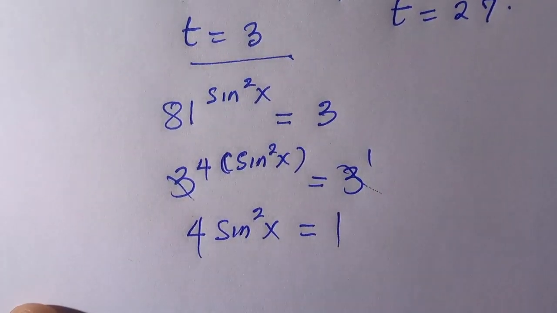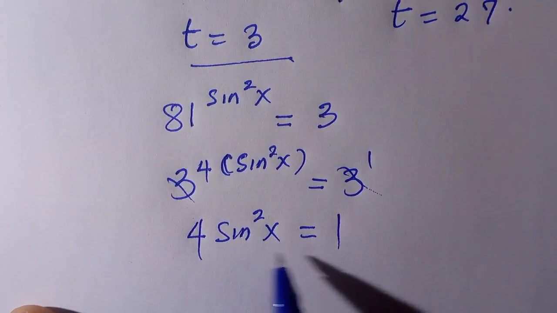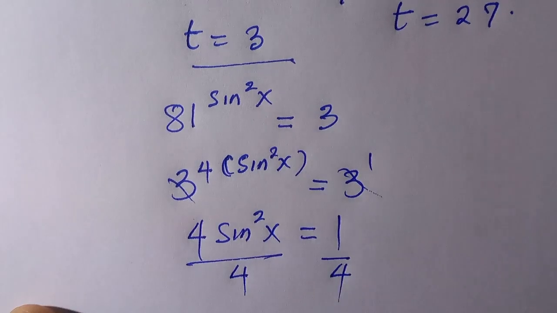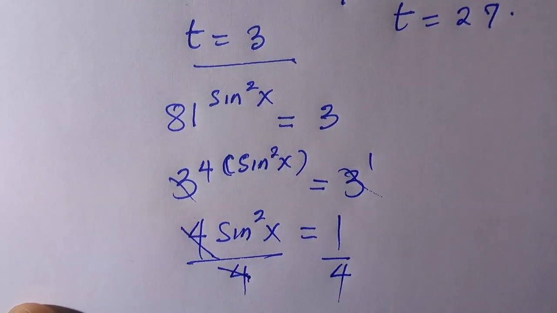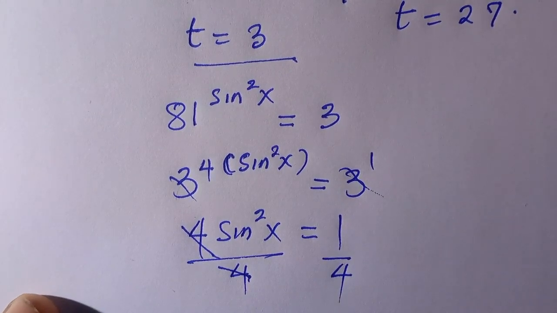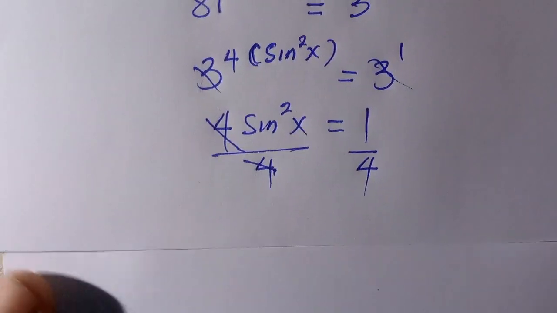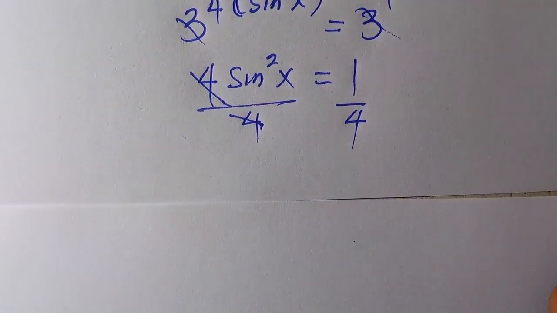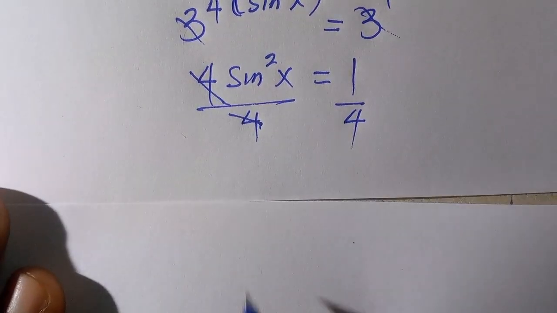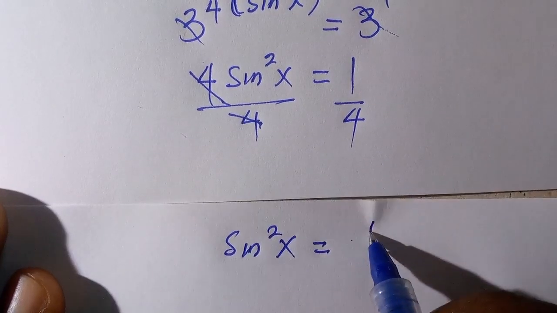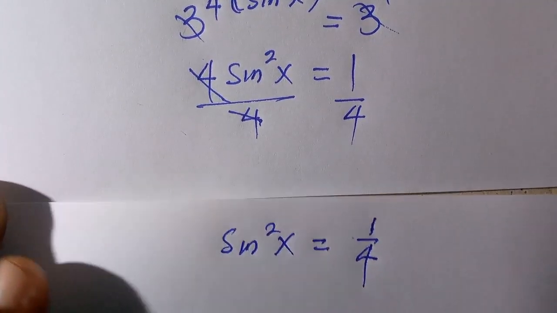And next, here is 4 sine square x equals 1. By dividing both sides by 4, these two cancel each other. So we have sine square x equals 1 divided by 4.